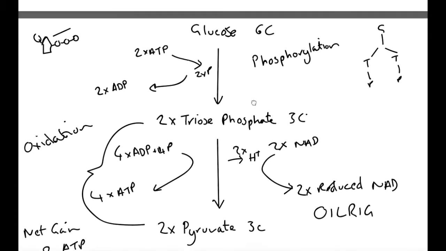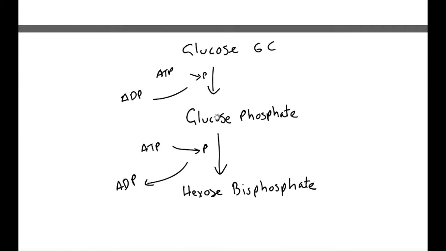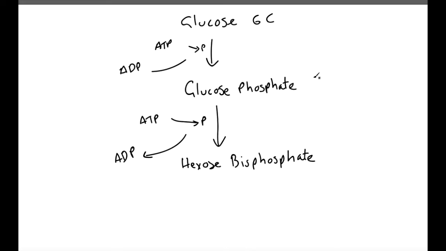But we've just zoomed into this area. The glucose is 6 carbon, glucose phosphate is 6 carbon, the hexose bisphosphate is 6 carbon, and then this is just split up to make your 2 times triose phosphate.